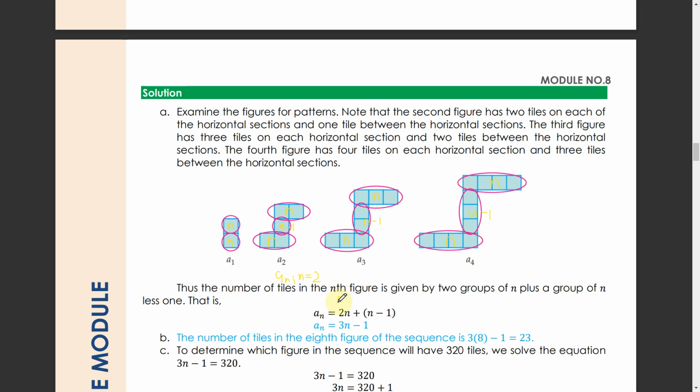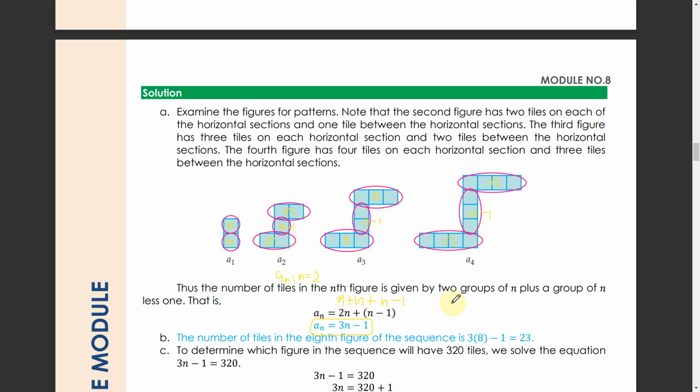So this is n plus n, plus this is your n minus 1. If you add those three, n plus n is 2n, plus n is 3n, minus 1. So that's why our nth term formula is a sub n is equal to 3n minus 1.